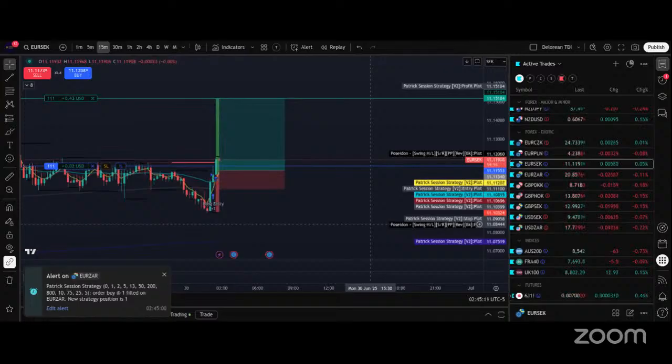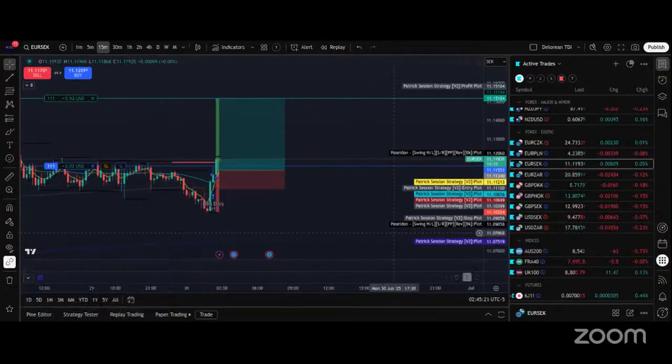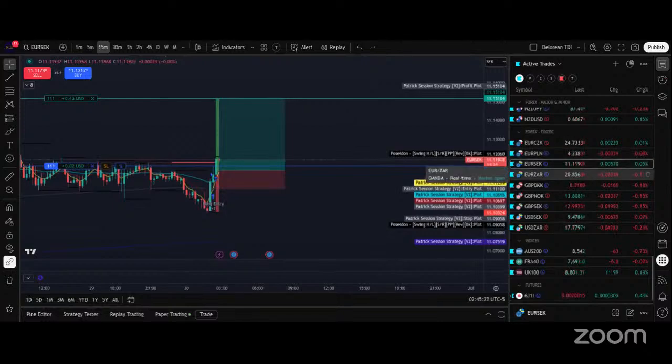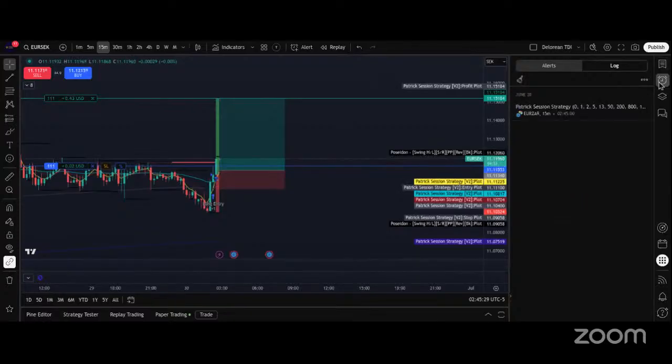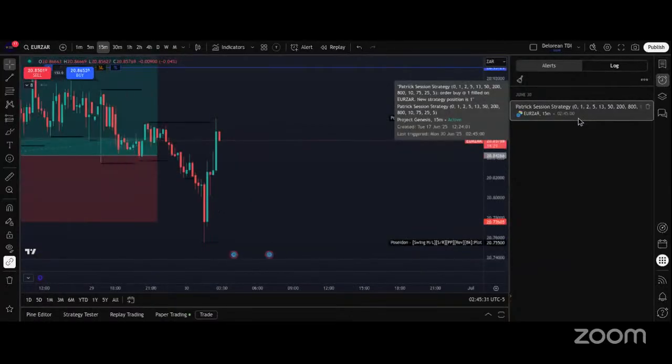All right, looks like we have a buy opportunity on Euro to South African Rand. We're already in a buy on that. So this is a reconfirmation of that same trade. Looks like we did have some retracement, so it's an opportunity to get back in the same trade. Let's see what we're looking like.